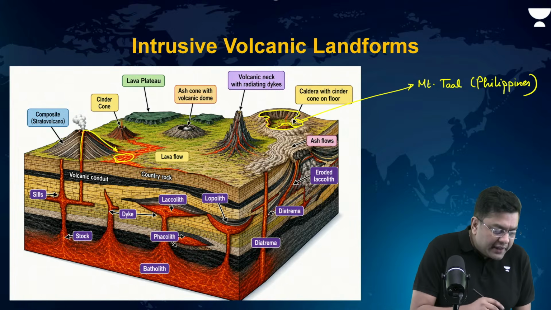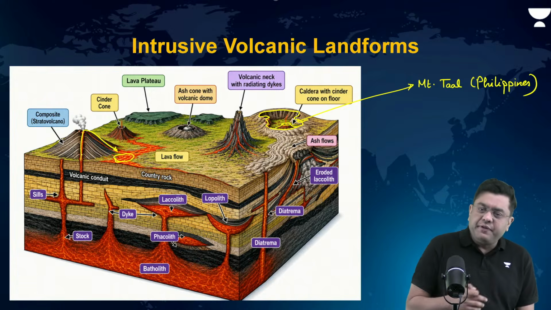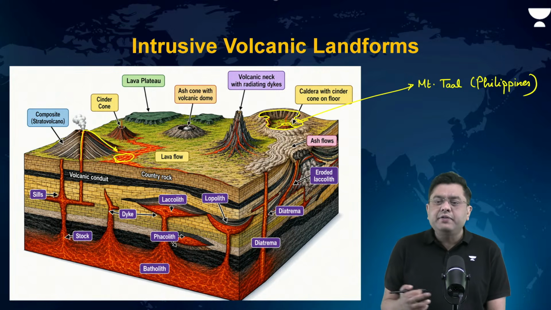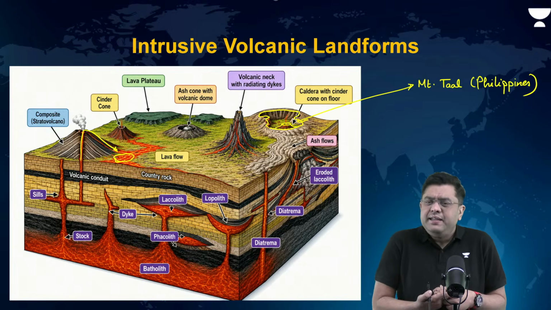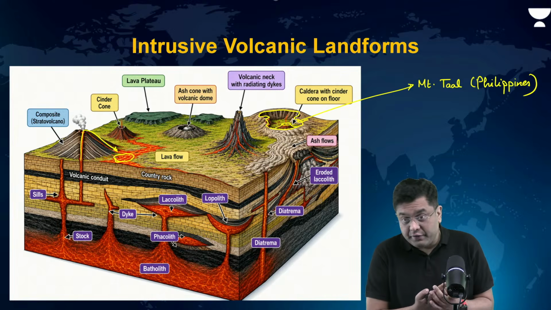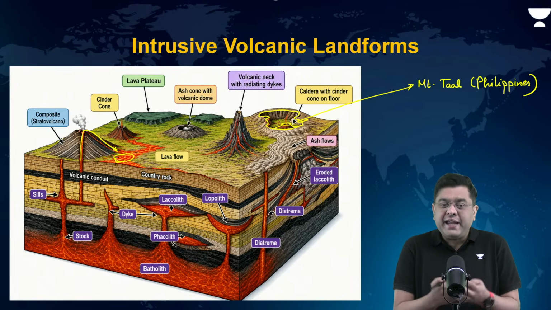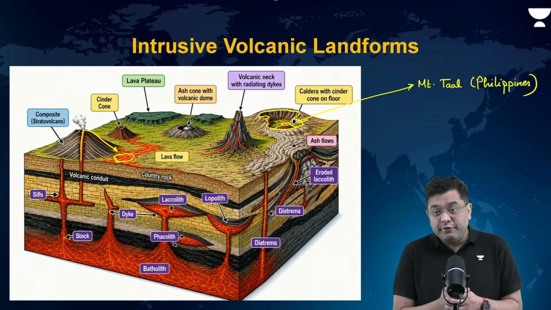So if molten materials do emerge from the surface, they will create volcanic rocks on the surface. These are known as extrusive volcanic landforms or external volcanic landforms or simply volcanic landforms.